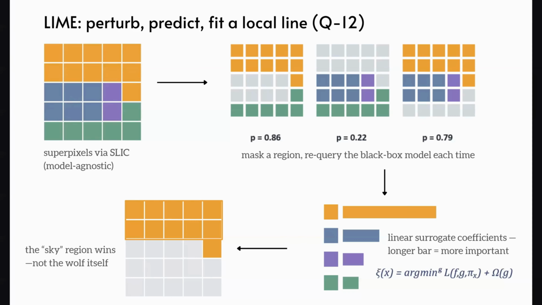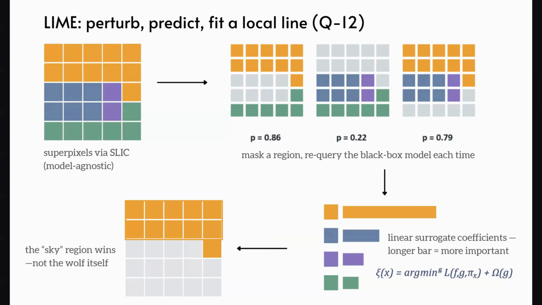That is, it makes sure that G's decisions are not very far from F. G's boundary still looks like what F would have around that particular point. And this omega of G is again a penalty term which makes sure that G is as simple to understand as possible.